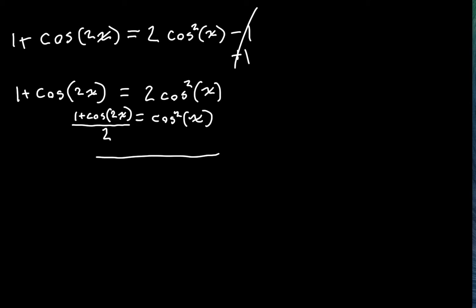And this is the main power reducing formula, because now we have cosine squared of x in terms of essentially cosine, not of x, but of some function, to the first power here. So this is power reducing because we have cosine to the second power here and cosine to the first power here.